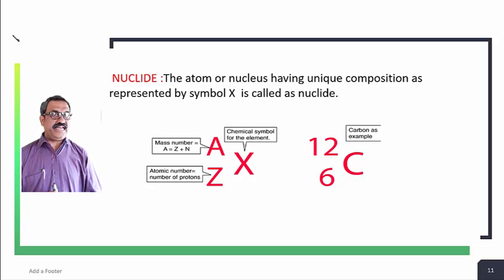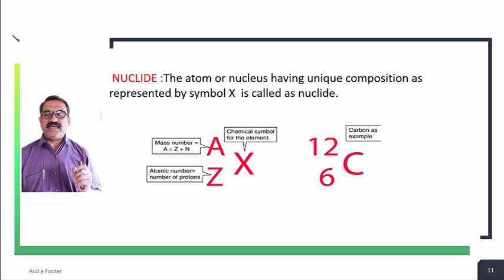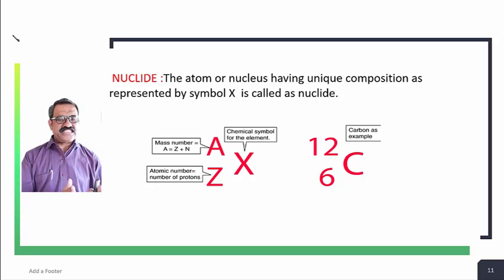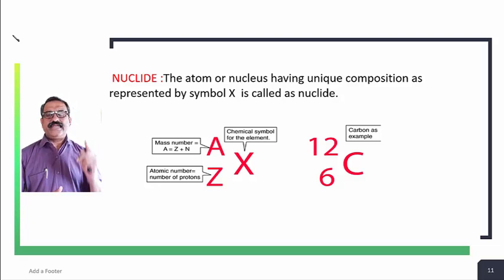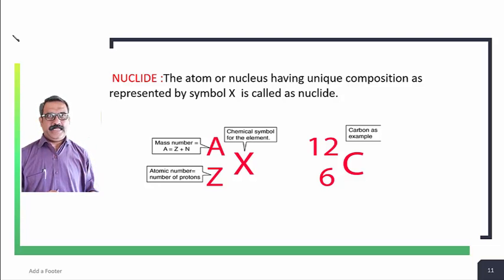See, there is capital X. It's nothing but the chemical symbol for any element. X may be capital H hydrogen, Na sodium, capital C carbon, capital N nitrogen, etc. That is, X is nothing but the symbol of any element.